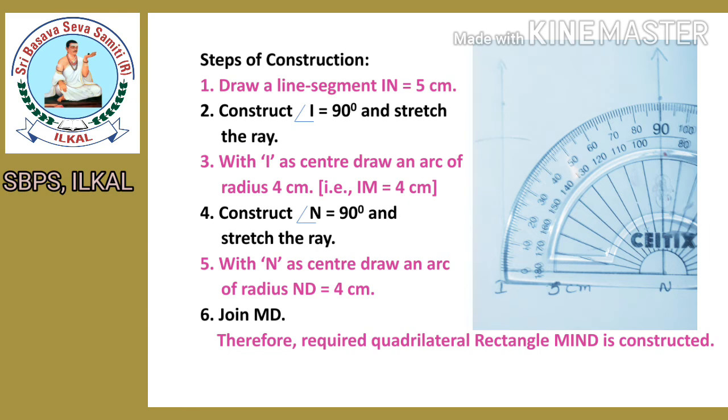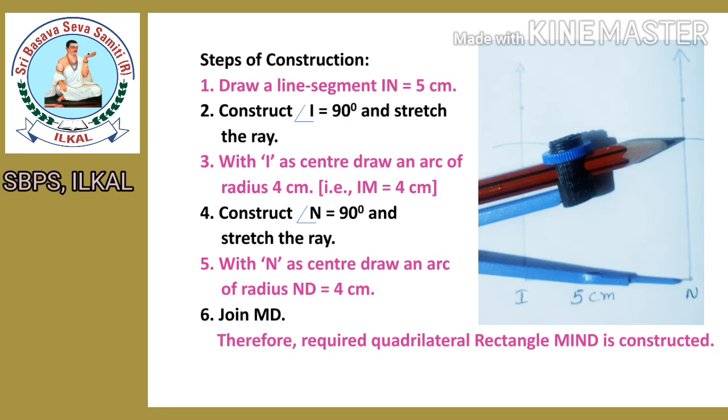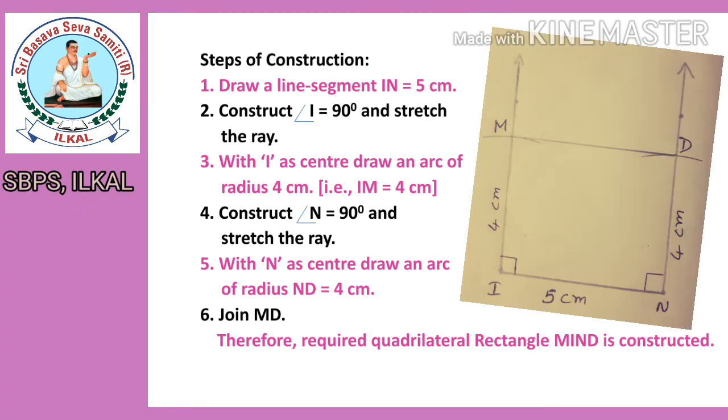Construct angle N equal to 90 degree and stretch the ray. Fifth step, with N as a center, draw an arc of radius ND equal to 4 cm. Sixth step, join MD. Therefore, required quadrilateral rectangle MIND is constructed.